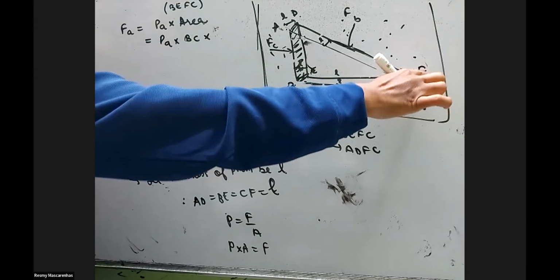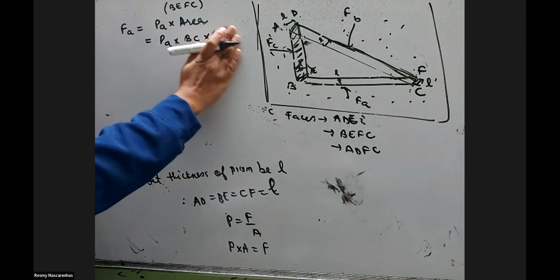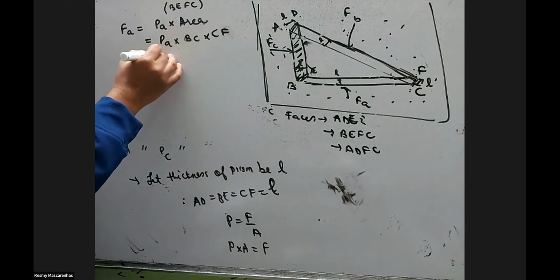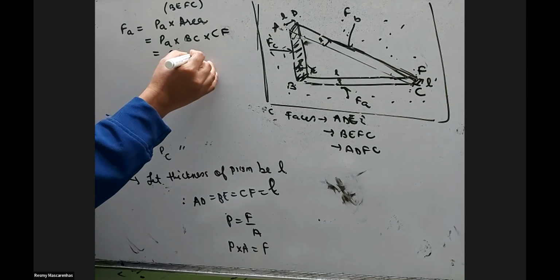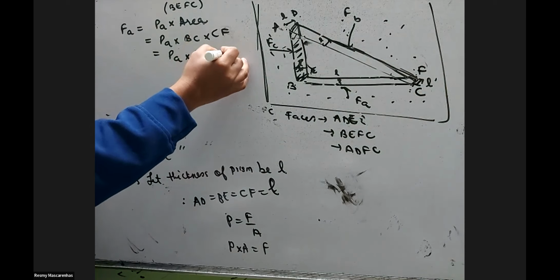What is the breadth? FC or CF. So we know that Pa, BC we don't know how much it is, so we'll keep it as BC only. But CF we know it is L.